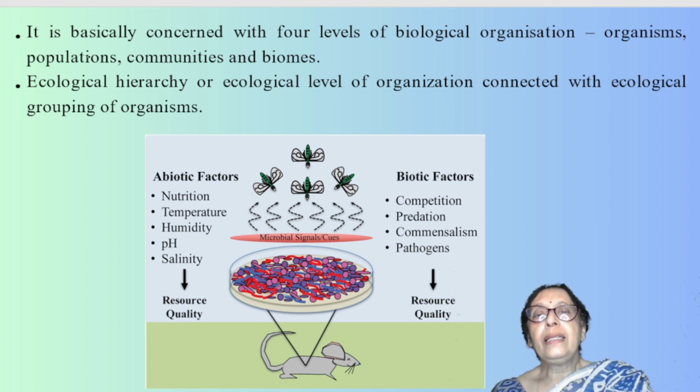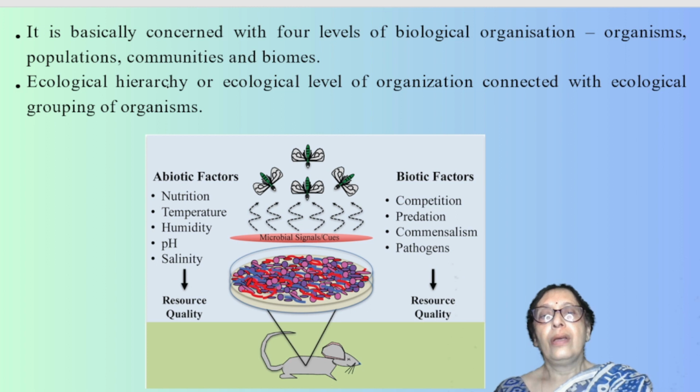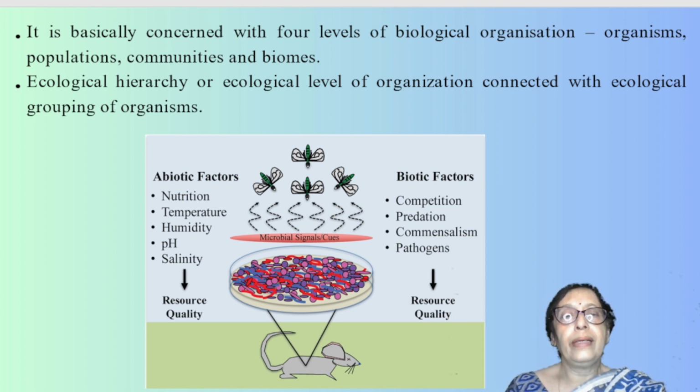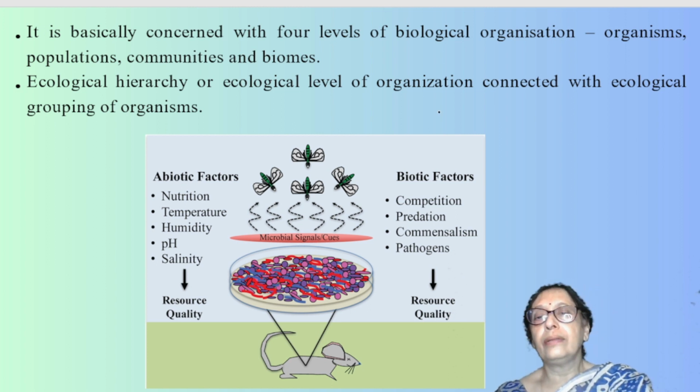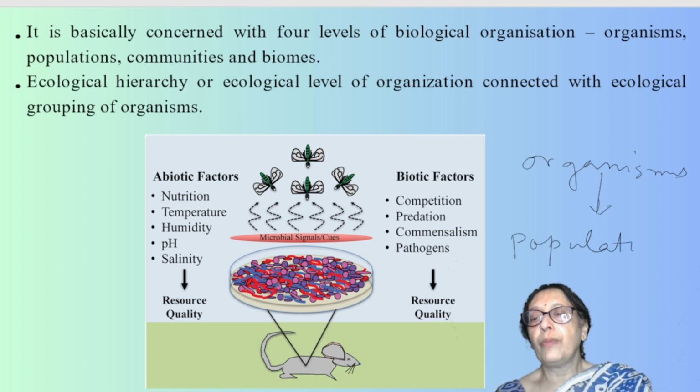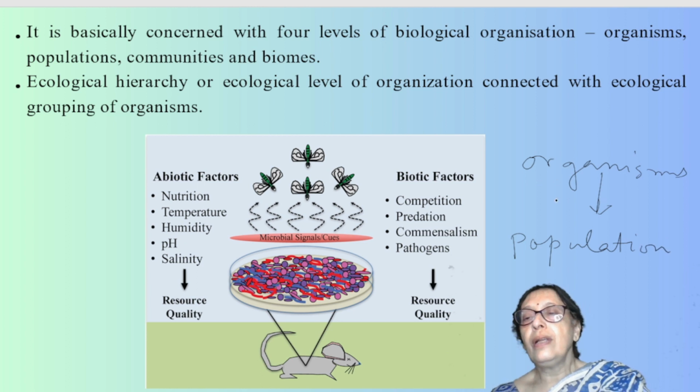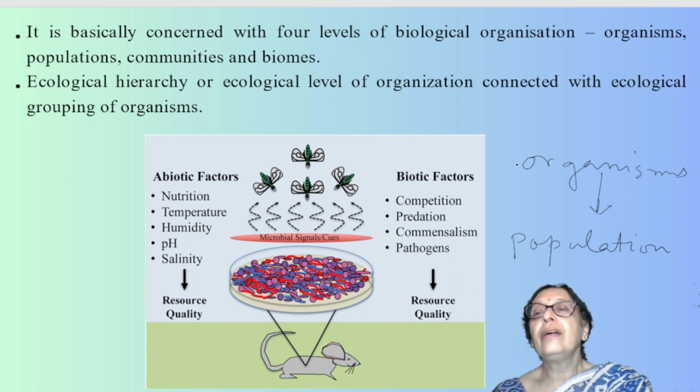Now, ecology is actually concerned with four levels of biological organization. The individuals, which are the organisms, and groups of organisms form a larger aggregation which is called population. So individual organisms, when they aggregate together in a defined area, we call it population.